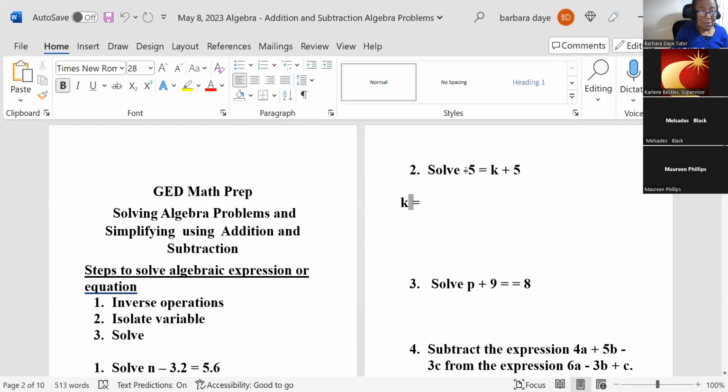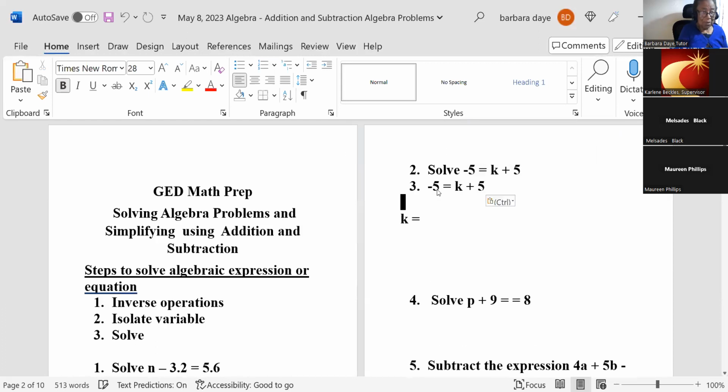Okay, let me just write this here so you'll know why what you say is not correct. Now, you did what? You subtract 5 from both sides, right? Yes. Okay. Now, if you subtract 5 from both sides, this is what you have here.